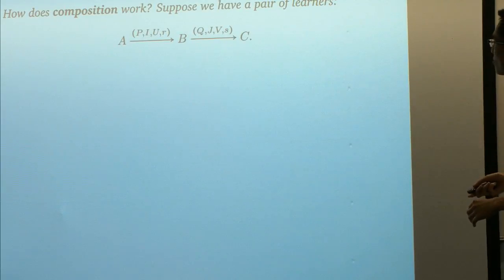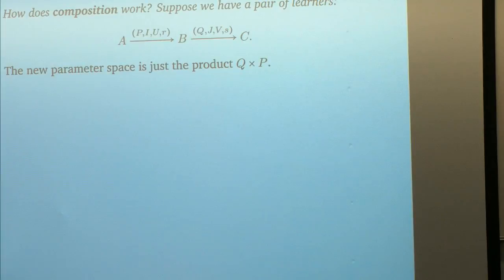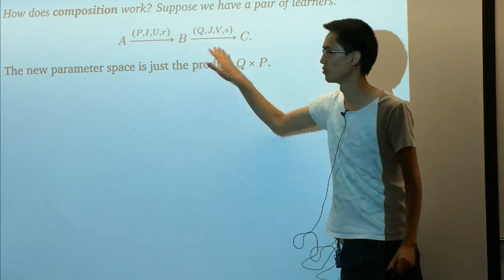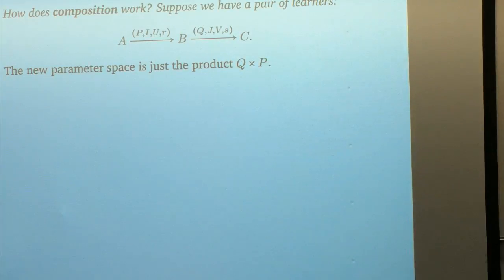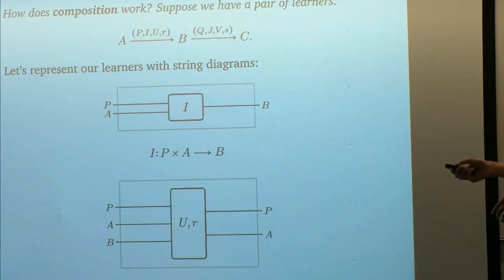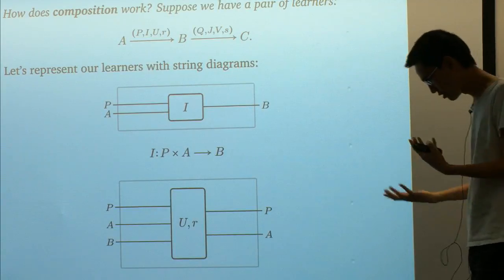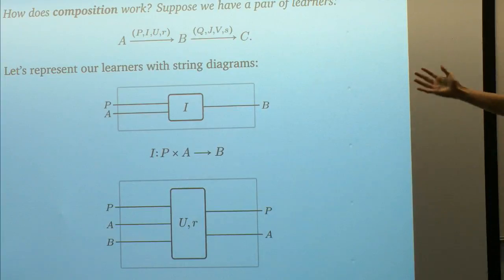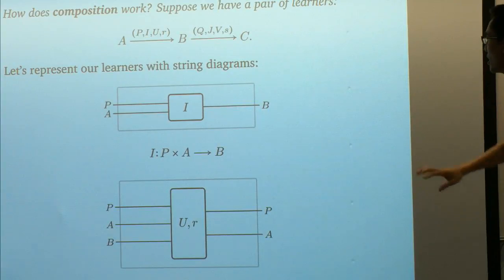So to compose these two learners more abstractly, we've got to construct a new parameter space. The new parameter space is just the product of these individual parameter spaces. So every degree of freedom we have for these individual learners is a degree of freedom in the composite. To talk about the implementation function and the update and request functions, it's a tiny bit more complicated.